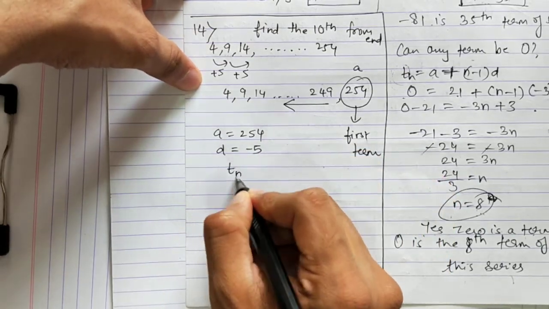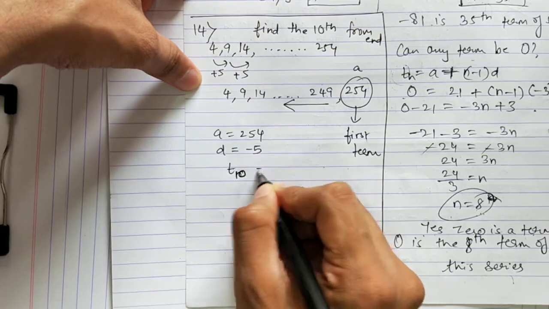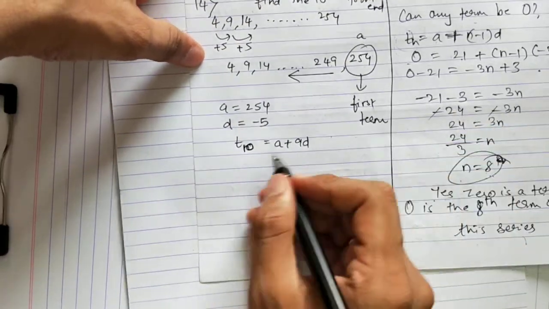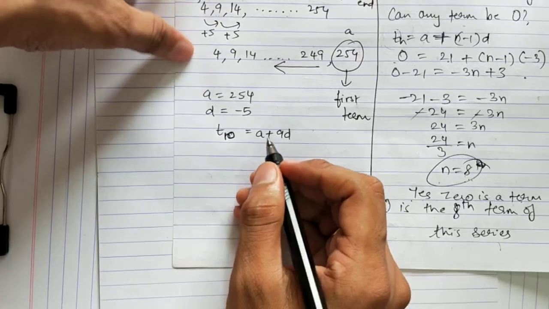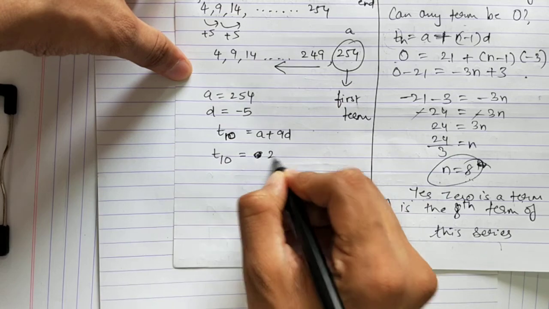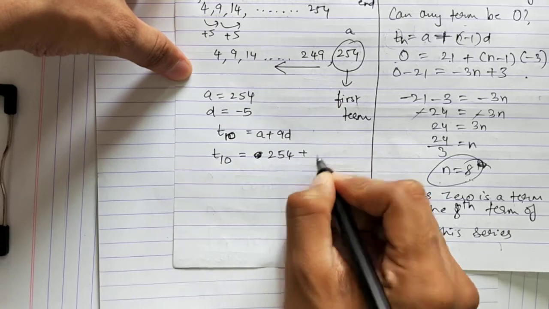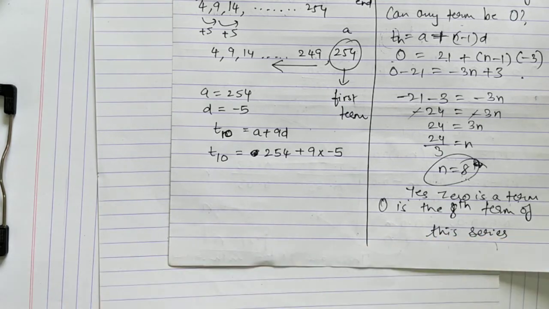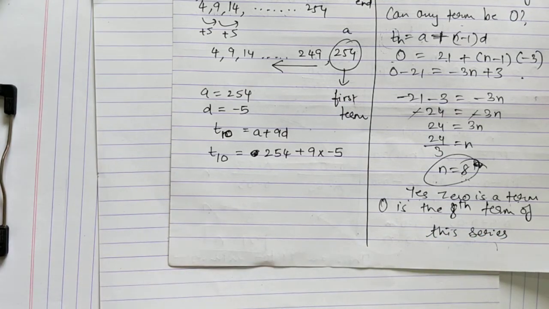So T10 will be A plus 9D. Correct. This part will remain the same. So T10 is A is 254 plus 9 into -5. Okay. So what is 9 5s are? 9 5s are 45.